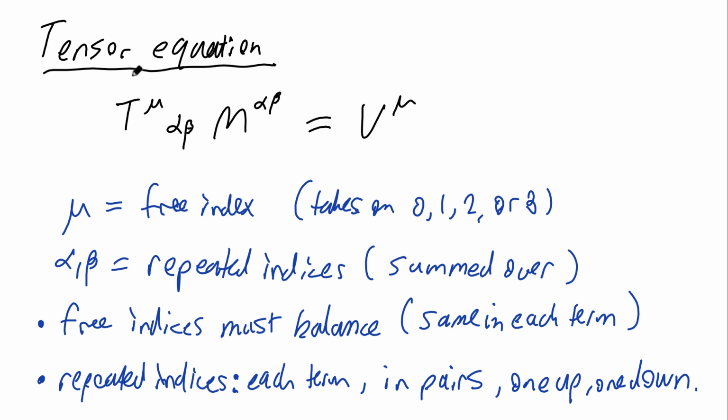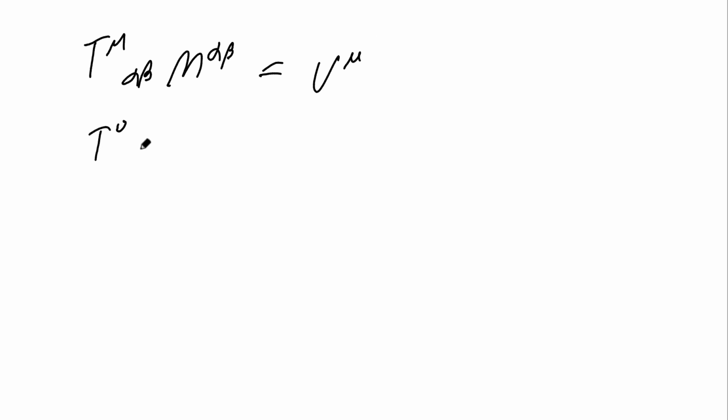Of course, we can write a tensor equation in lots of different ways. So let me repeat this expression. We have T mu alpha beta M alpha beta equals V mu. Because mu is a free index, it's just a placeholder for 0, 1, 2, or 3. We could also write this as T nu alpha beta M alpha beta equals V nu, as long as the free indices are balanced in each term and consistently up.